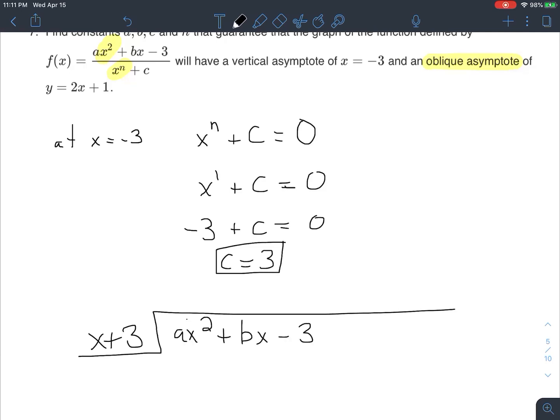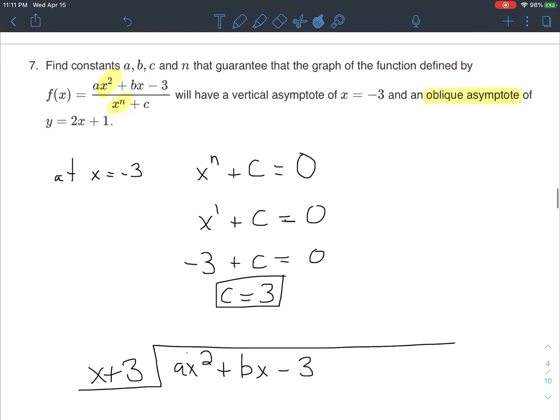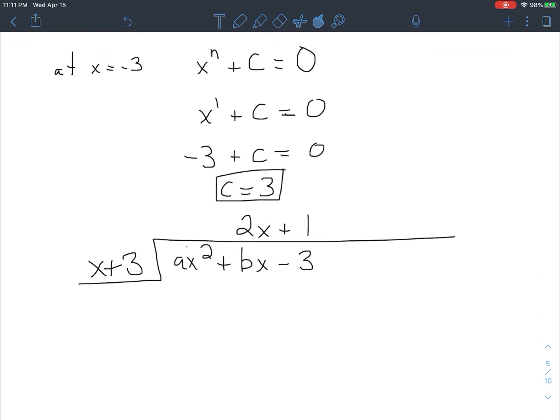But I also know that the oblique asymptote is 2x plus 1. So when I divide, I have to get 2x plus 1. If ax squared plus bx minus 3 divided by x plus 3 equals 2x plus 1, I could just do x plus 3 times 2x plus 1.